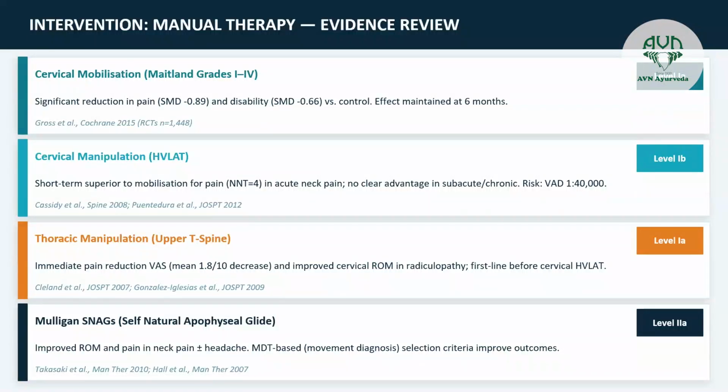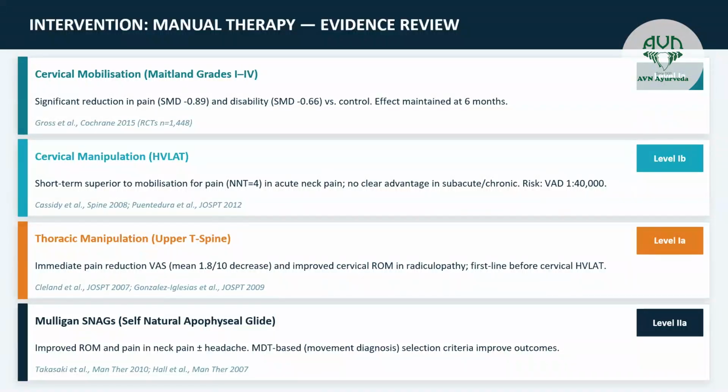So coming on to manual therapy, we have certain aspects called cervical mobilization and thrust, that is manipulation. As I said before, the cervical aspect will be affected. Also, according to it, the adjacent component, the thoracic aspect, we also have to look into. So in the review we have cervical mobilization and manipulation.